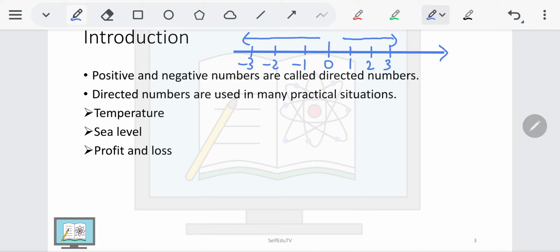If the position of an object is above sea level, we use positive. Below sea level, we use negative. For profit and loss, obviously we use a positive sign for profit and a negative sign for loss.